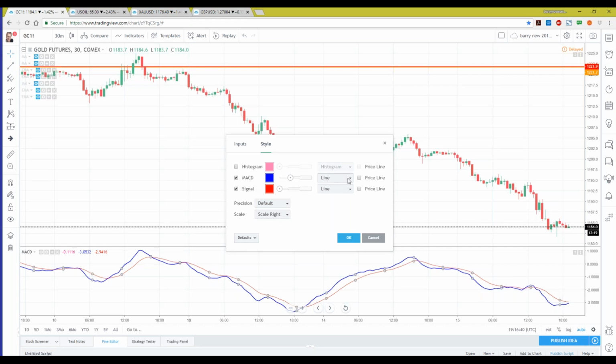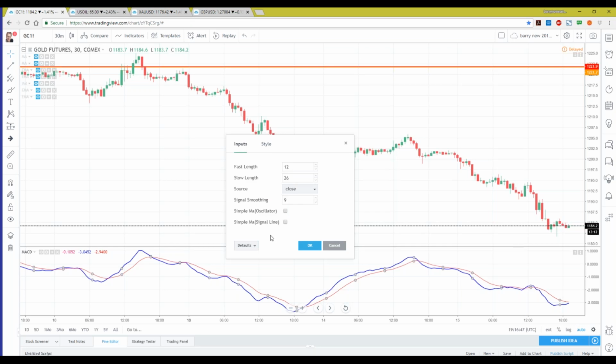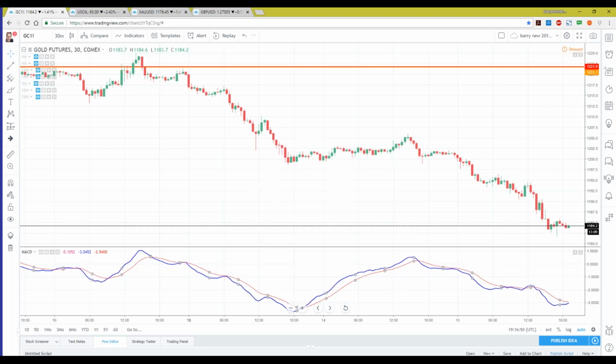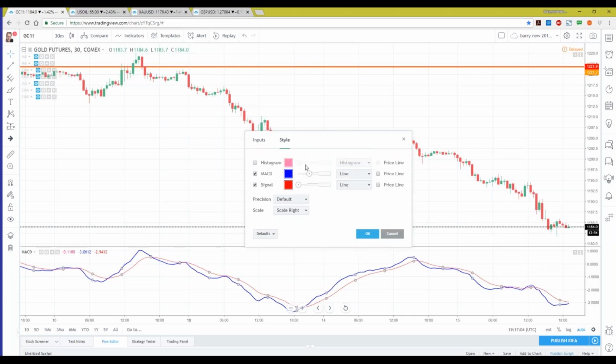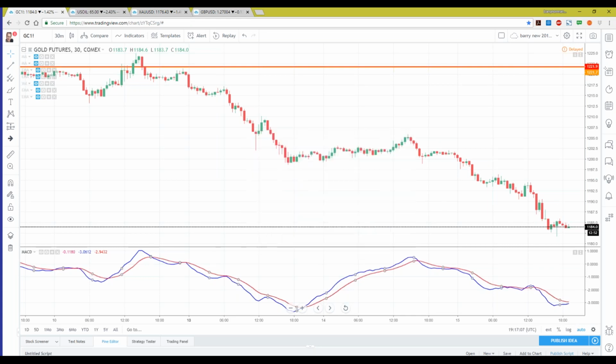This trigger line, or the signal line, we're going to make that in red, is a 9-period moving average of the MACD line. I just want to make this red line bolder here for us. So the blue line is our MACD line.